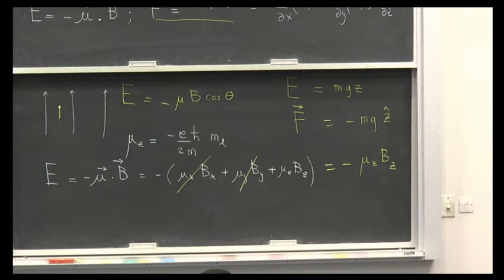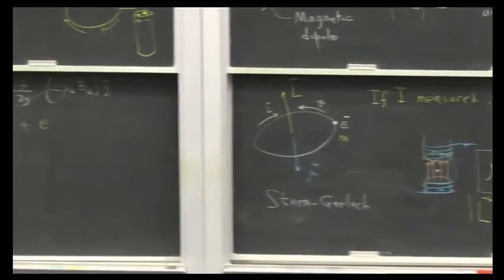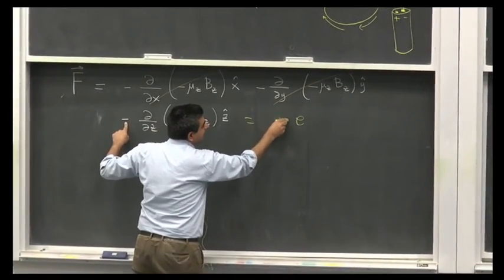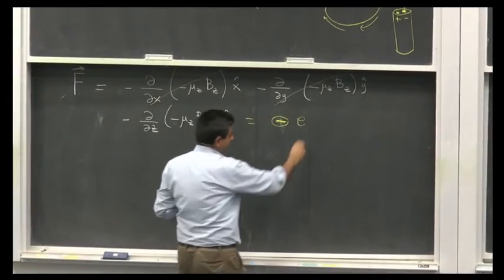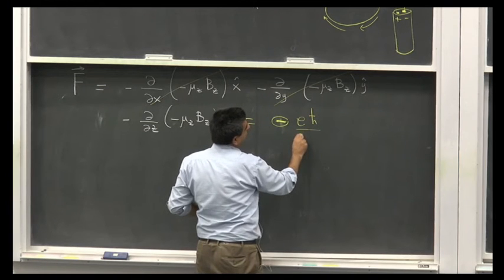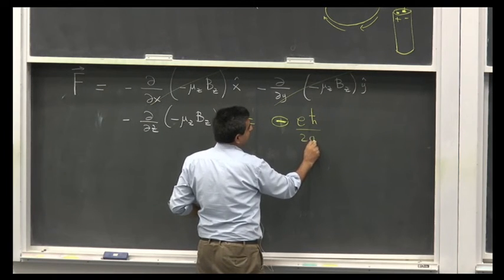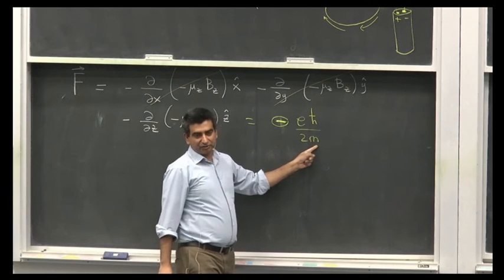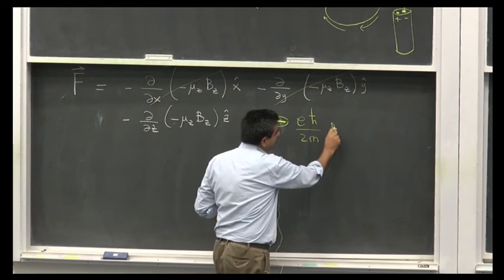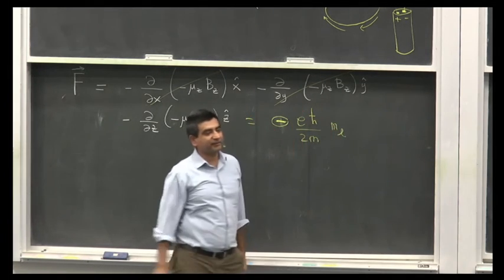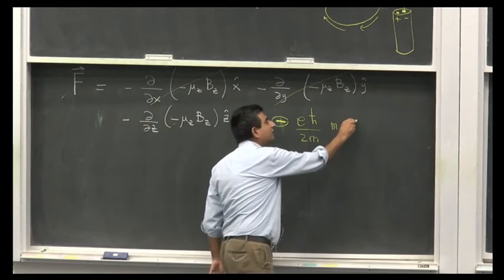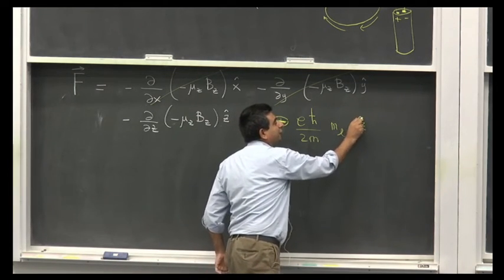So these two minuses make a positive, and one negative came from there: minus E h bar over 2m, which is the mass of the electron, into ml. This is the force acting along the z direction, unit vector z.